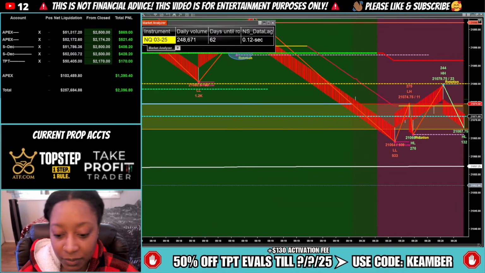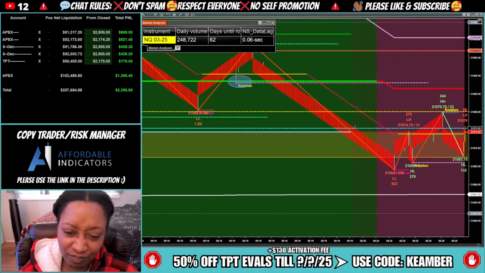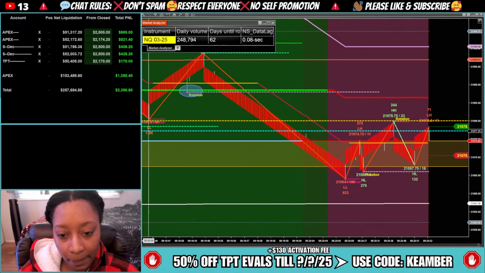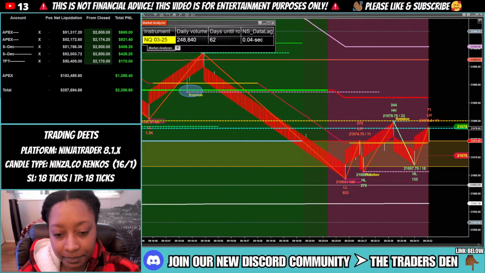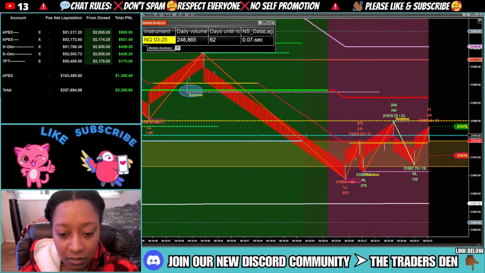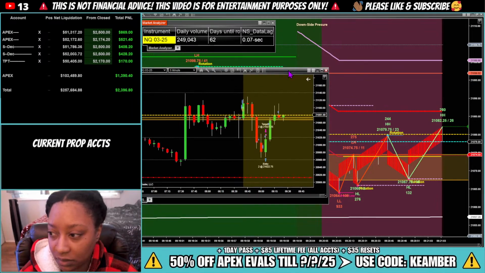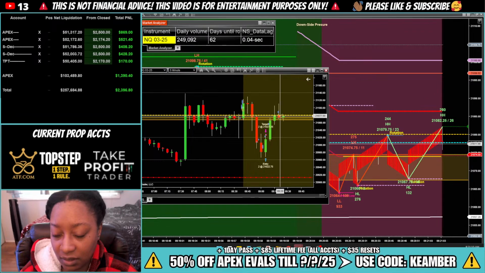Come on, let's push past this. Let's see. We created a lower high. Wait, we're trading at that one. So let's see if this is actually a lower high or if we try to continue up.